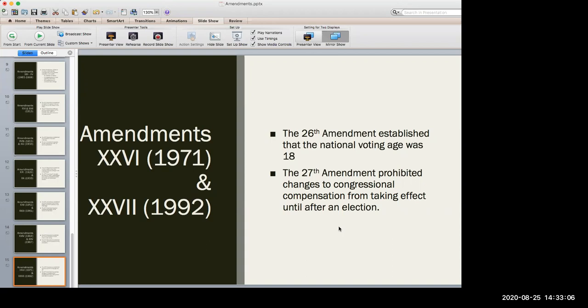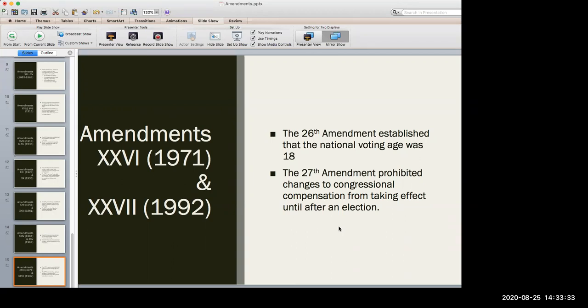I'm going to say the 24th, the abolition of the poll tax, right? It's specifically related to voting. The way I remember 24 is to say 24, no more poll tax. And then last but not least, it's still on the screen, the 26th Amendment lowers the voting age.